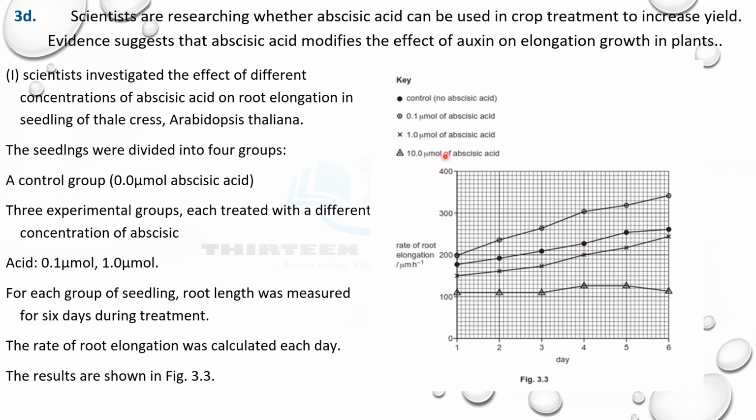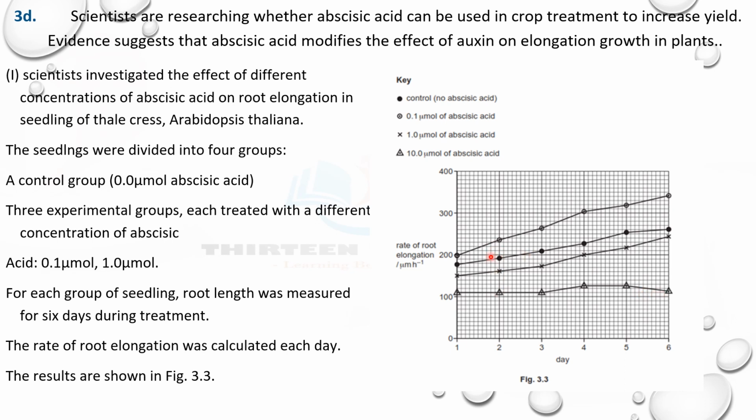Show the general trend first. In these three, the rate of elongation increases with time, but this one, 10 micromole of abscisic acid, remains constant for 3 days, and then it increases, then stays constant and then decreases.